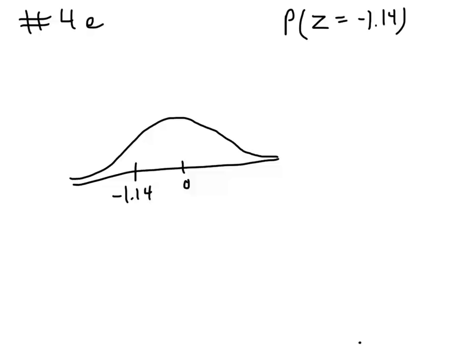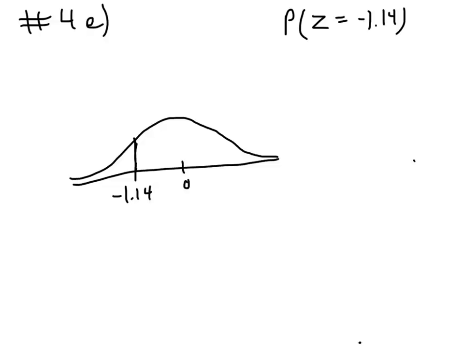So the original copy had a second letter D. This is going to be 4E. The probability that z is equal to negative 1.14. Well, what we'd be looking for is the area of this right here, this line.